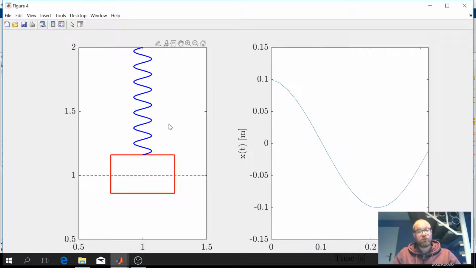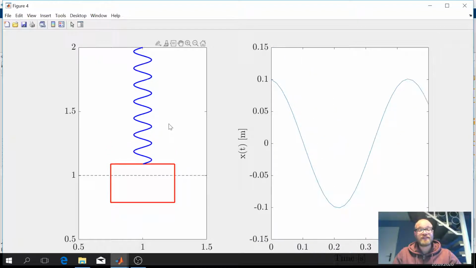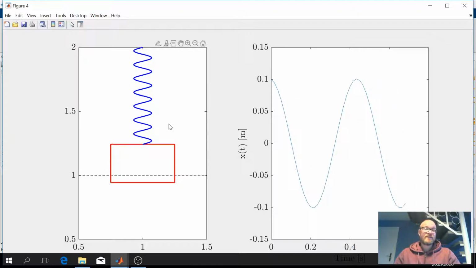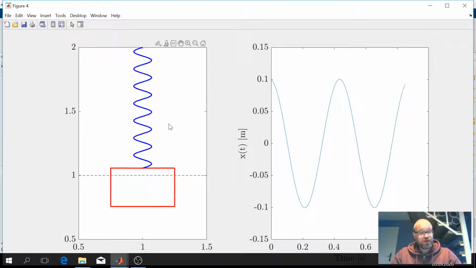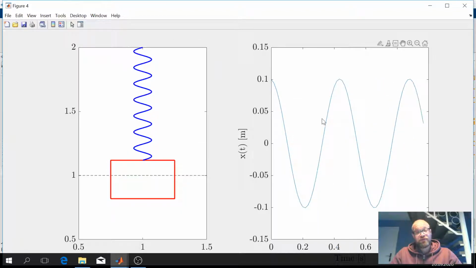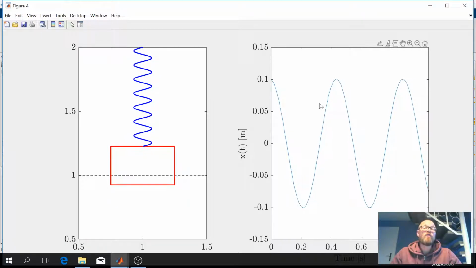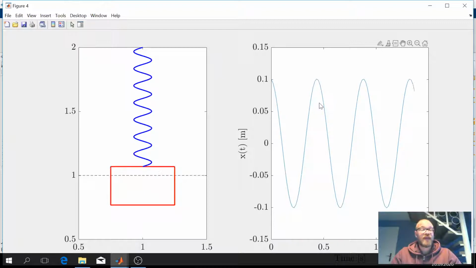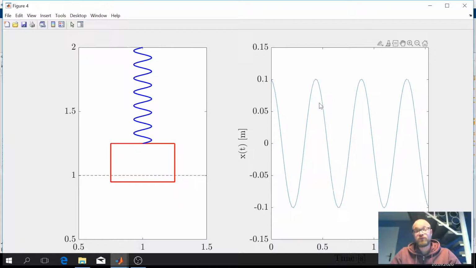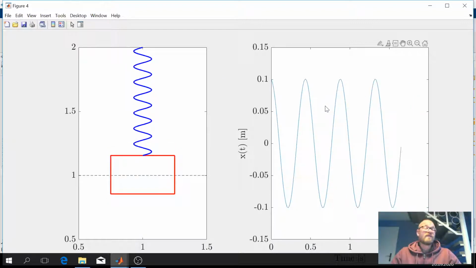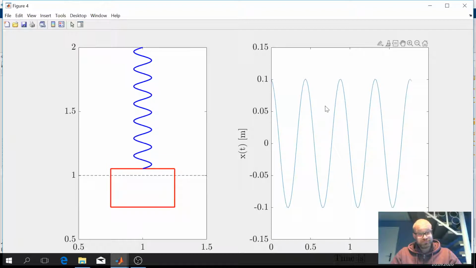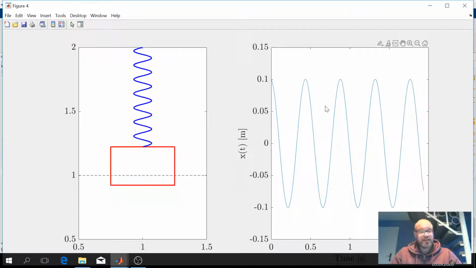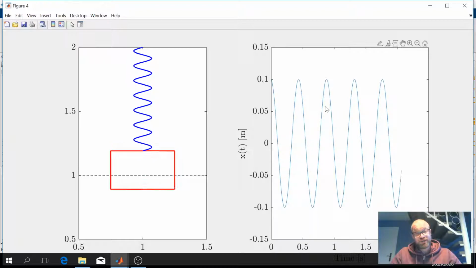You can tell I've pulled the mass downwards, released it, and the system is now vibrating freely with a circular frequency of omega n and a natural frequency Fn equal to omega n by 2 pi, right? So this is basically the simplest case of vibration.